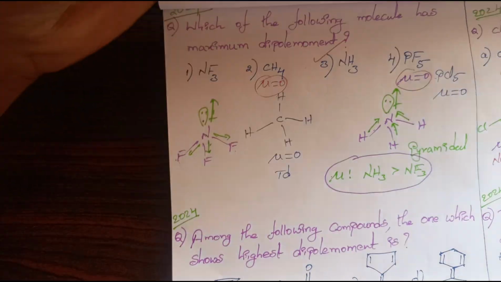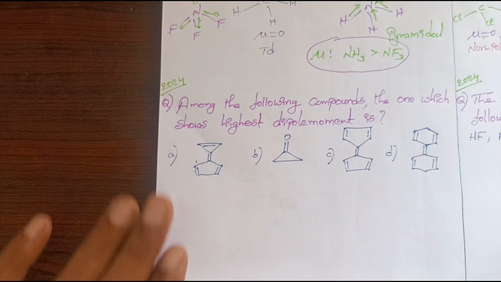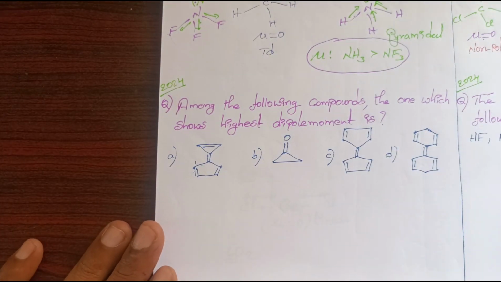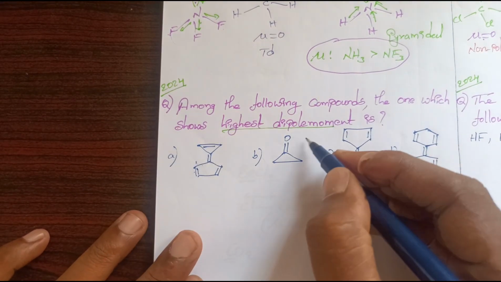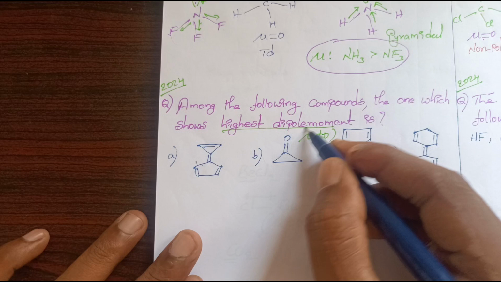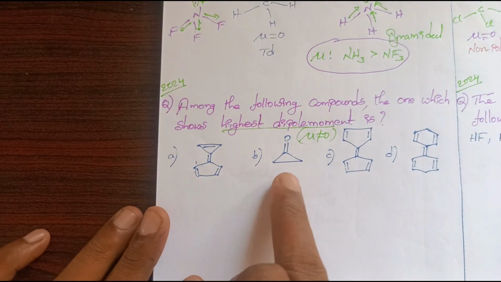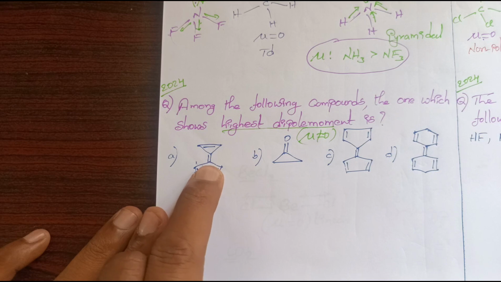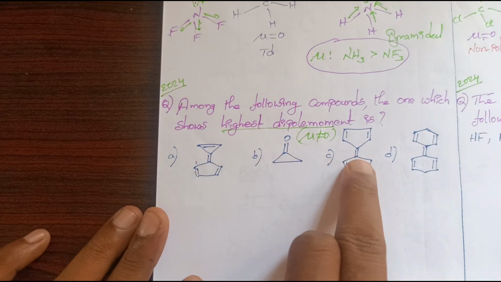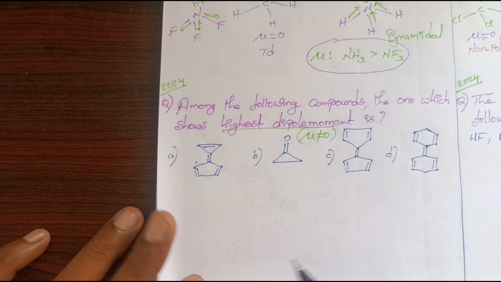Next question, students. Among the following, which one has the highest dipole moment? Highest dipole moment means dipole moment not equal to 0. These questions are based on the polarity of the bond. A double bond is present in each of these molecules.